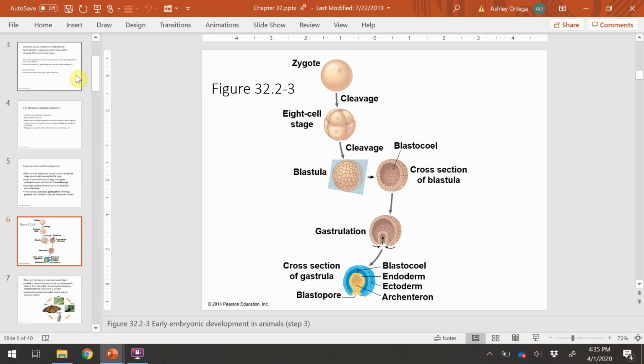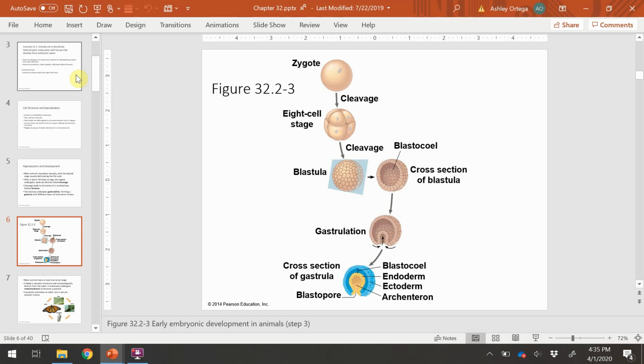And so here you can see the zygote is an egg and the sperm cell fused together, and now the zygote is going to form an embryo. And so undergoing rapid cell division, or cleavage, it'll have an 8-cell stage there of zygote cells.